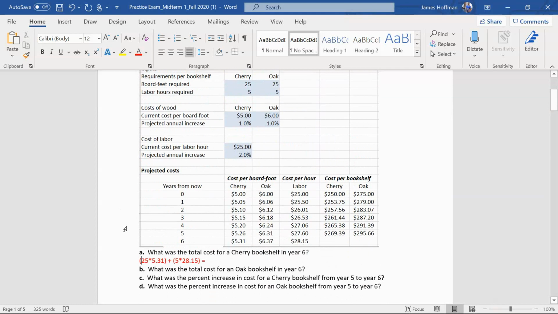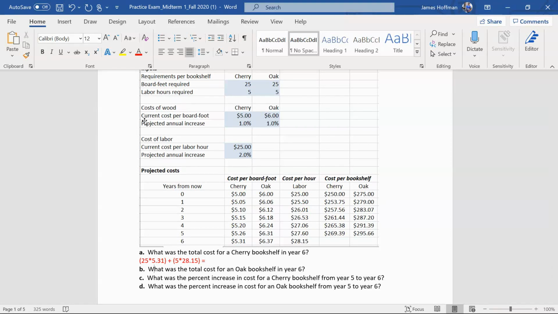Okay, so you need 25 board feet, and it costs in year 6 $5.31 per board foot. That's for the board feet, and then you need 5 labor hours, see up here? And that costs now $28.15. So the total cost is the sum of those two costs.